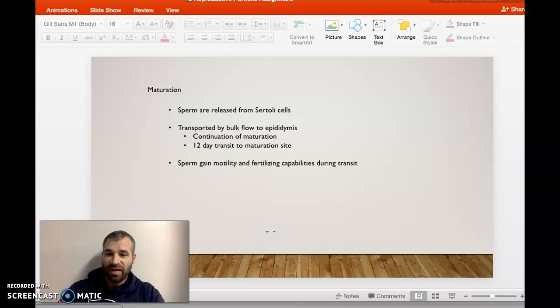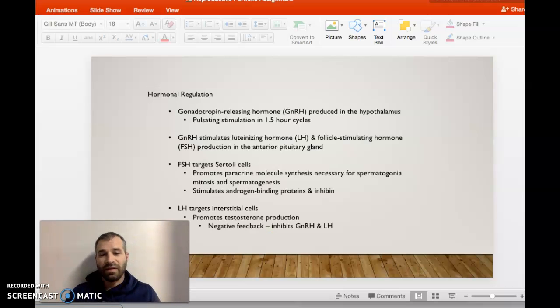On to our last slide here. This is also a highly regulated hormonal process, which these sperm are undergoing here. Gonadotropin releasing hormone, which is a hormone produced by the hypothalamus within the cranium, stimulates the anterior pituitary gland.